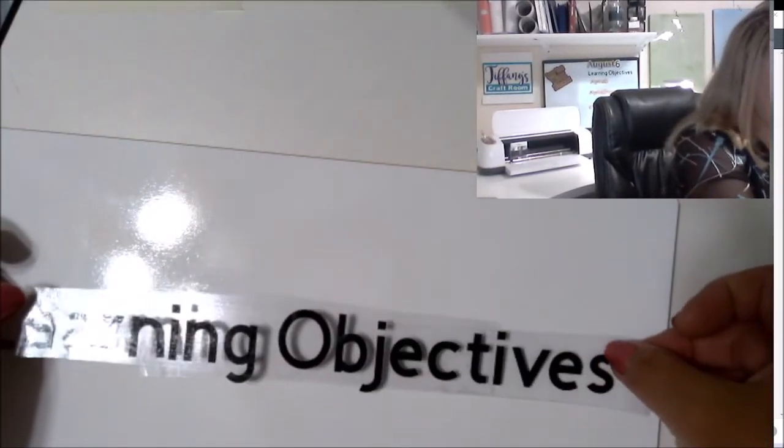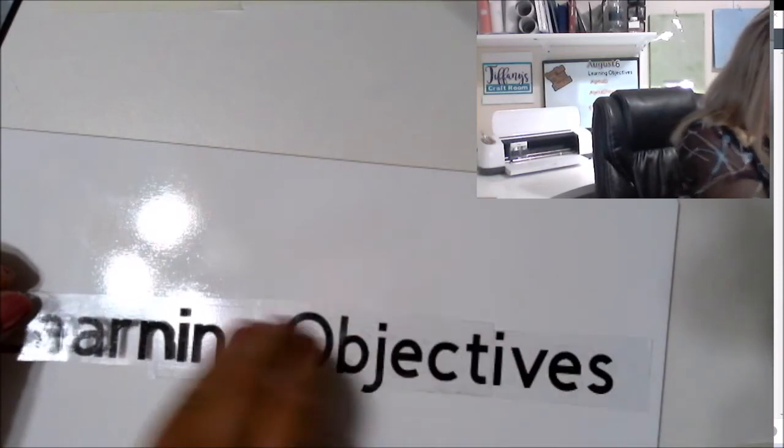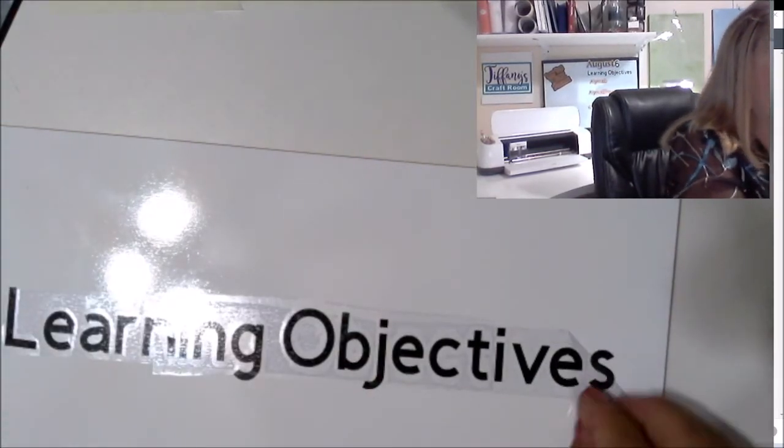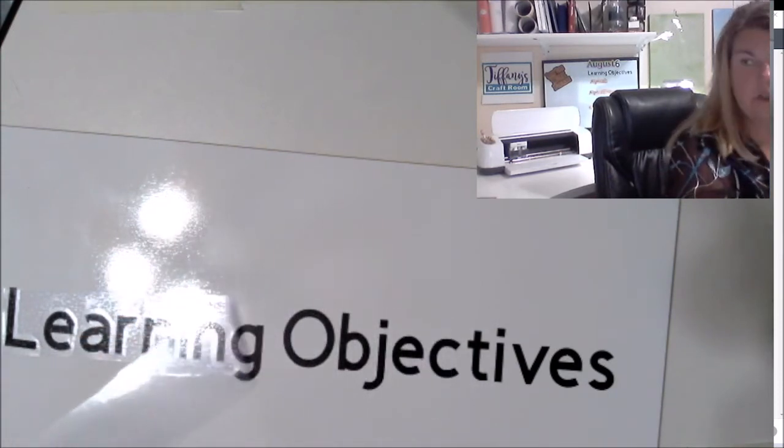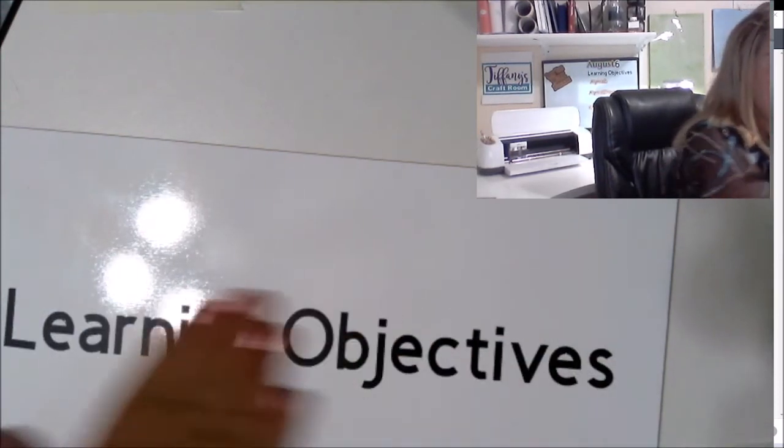So then you take that to your whiteboard. Okay, so here I have a little dry erase board. So you stick this on here. Again, press it down with a credit card, and then you can peel up the transfer tape just like that.